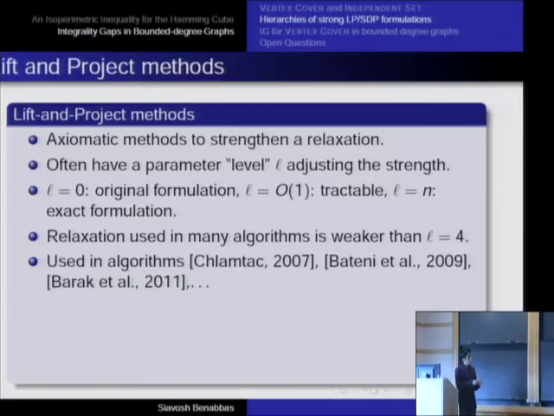Looking at increasing L has been used in optimization algorithms. The list is much bigger than just these 3 results, but it has been used in, say, coloring, minimax allocation, and recently by Barak et al., they used it to devise sub-exponential time algorithms for unique label cover.